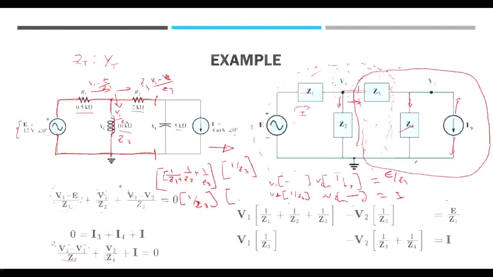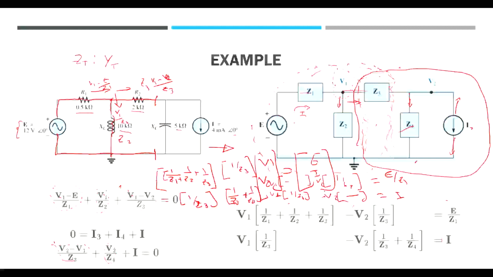So this is going to be values that you get, right? Because we have the values of all of the impedances. Then 1 over Z3 plus 1 over Z4 multiplied by V1, V2, and this is equal to E and I.